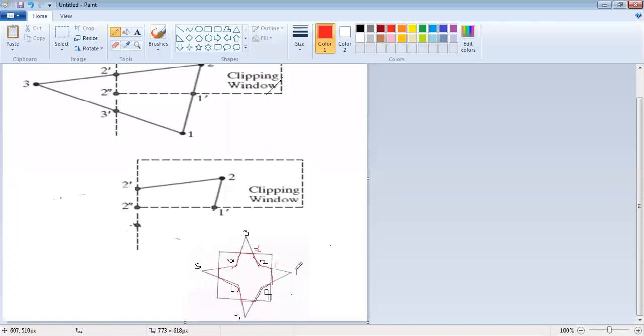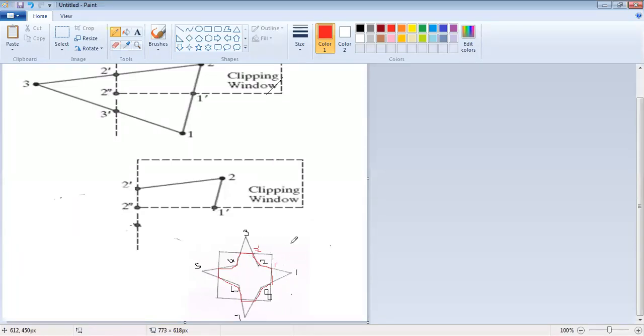So kindly take down this diagram. I will give you 2 minutes. No other things will be given, only this diagram and this clipper. All other things you have to name, the intersection points, everything.